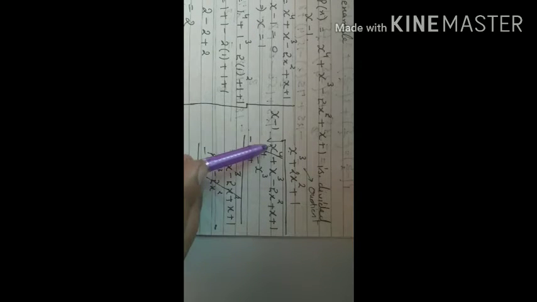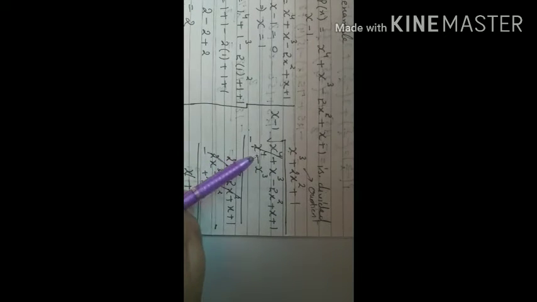We see that positive x^4 and here is also positive x^4. If we want to cancel these terms, we need opposite signs, so we change the sign of this term: positive to negative, and negative to positive.